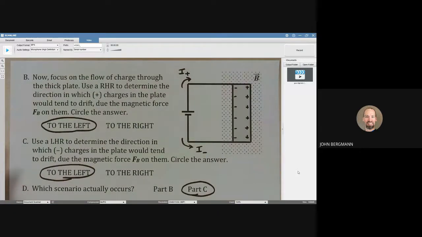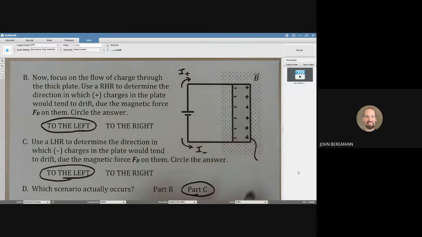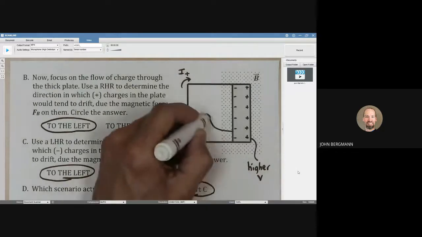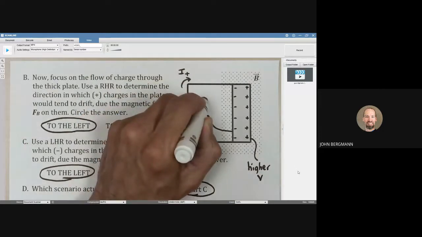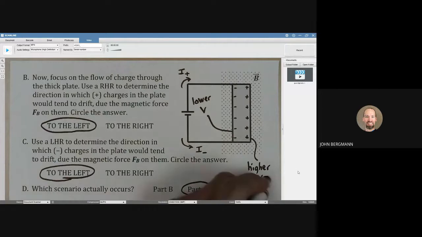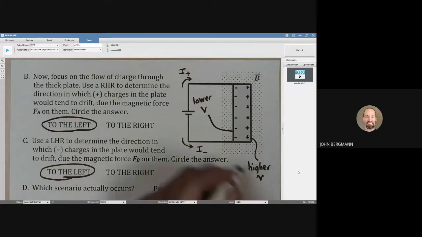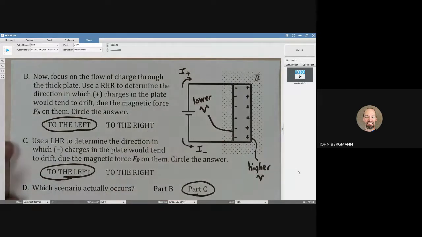Which means we're going to have a higher potential on one side of this thick plate and a lower potential on the other side. This side here is going to have the higher potential, and this side over here is going to have the lower potential. Often whenever I write a V, I'll write a V with little hooks on the top to indicate that it's a capital V.